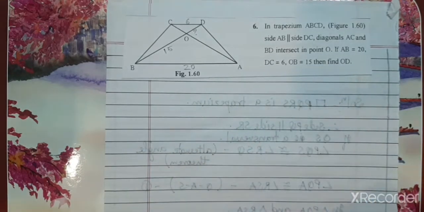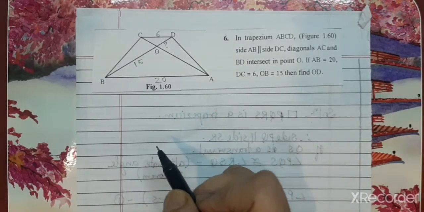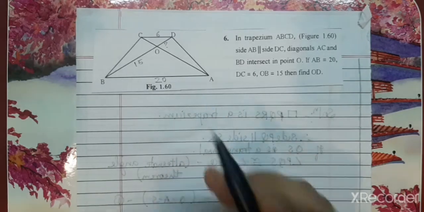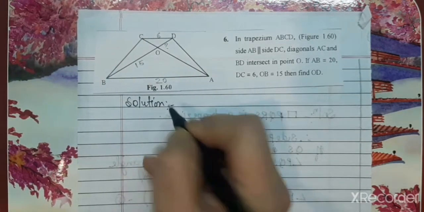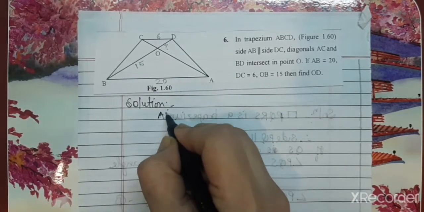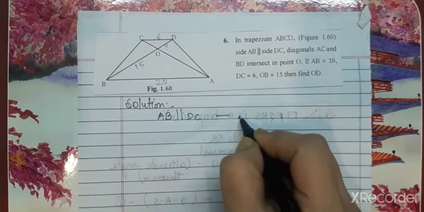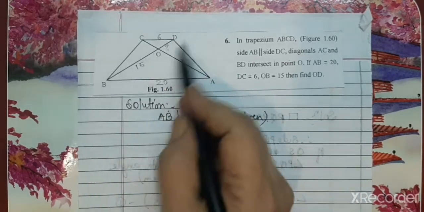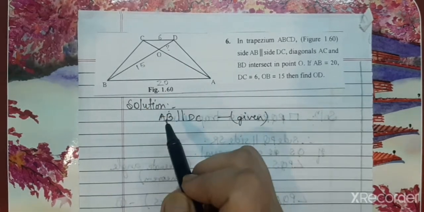So let's begin. Before we start proving that the triangles are similar, we will first prove the alternate angles are congruent. So, solution. We will write, since AB is parallel to DC, which is given, and if I take BD as a transversal, you can also take CA as a transversal.